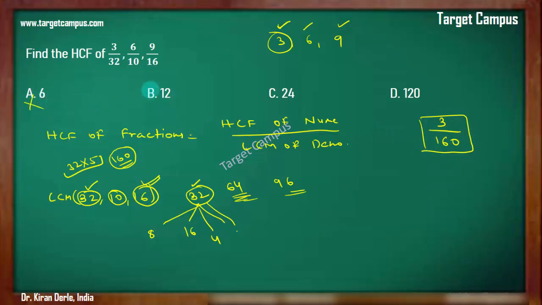The options are, I guess, wrong. So the final answer should be 3 by 160. You can always calculate the LCM by the division method and factors, but these are very common sense and you can apply them and get your answer. I hope this is clear, right? 3 by 160 would be the right choice. They are actually copy pasted in a wrong way. This was the previous slide's option, I guess.